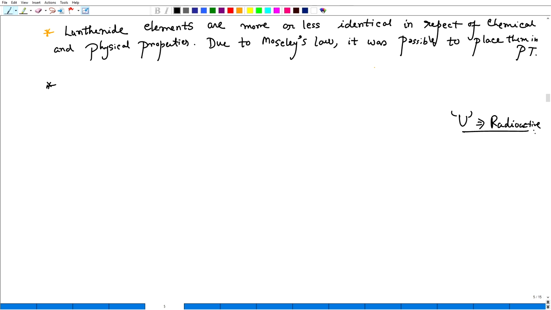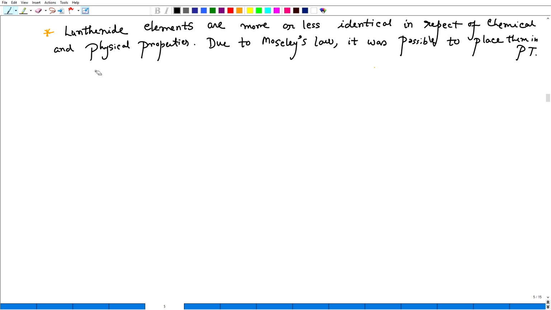The elements after uranium, the radioactive elements, have very short lifetimes, that is, they decay very fast. So, identifying those elements is very difficult. Using Moseley's law, we can identify those post-uranium elements. That is another achievement. So, this was the outcome of Moseley's law.